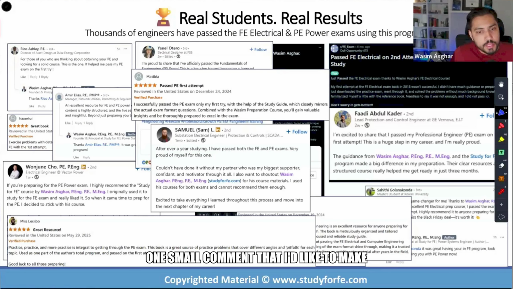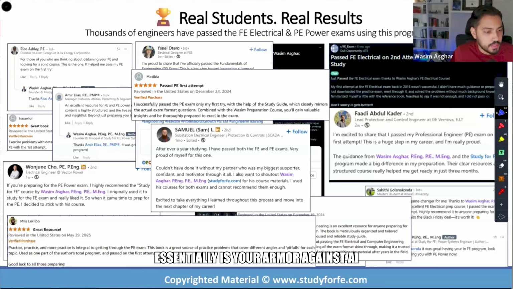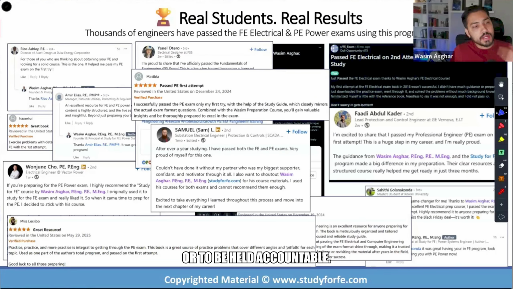One small comment that I'd like to make is that in the AI landscape right now, this is what I'm observing. New graduates are really struggling, not only in the STEM fields, in engineering, but across the board. You might have noticed this, heard about it, read about it. The licensure essentially is your armor against AI, in the sense that AI, at least in the foreseeable future, I don't expect it to be taking on any type of responsibility or liability or to be held accountable.